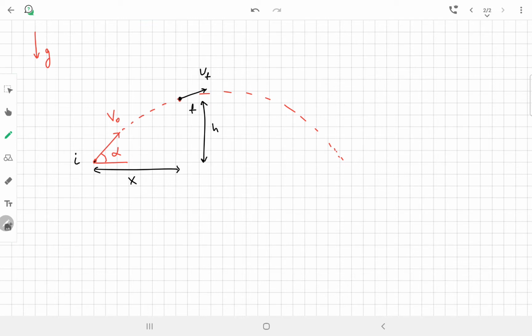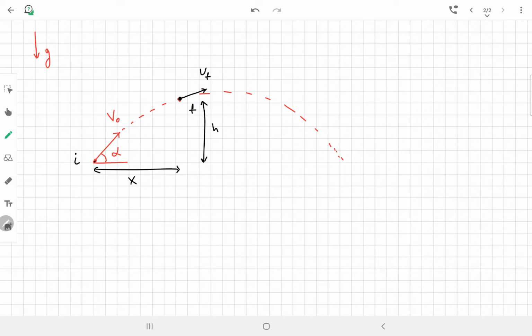There is a motion in horizontal direction, in x direction, and also at the same time there is a motion in vertical direction, in y direction. And you can apply the previous three equations. In order to solve this kind of problems, it's better to draw x and y axes, and we should locate the origin.